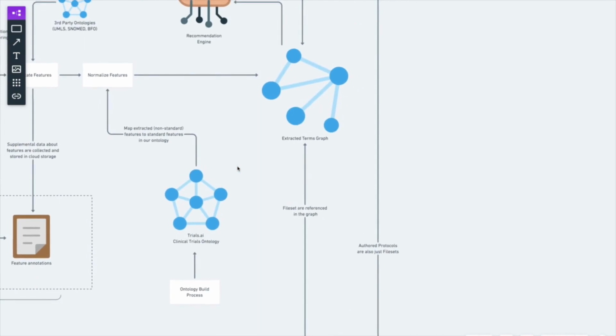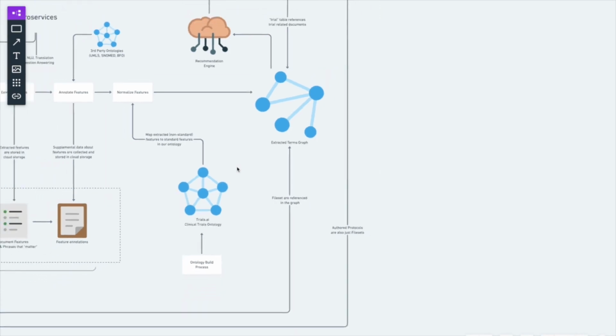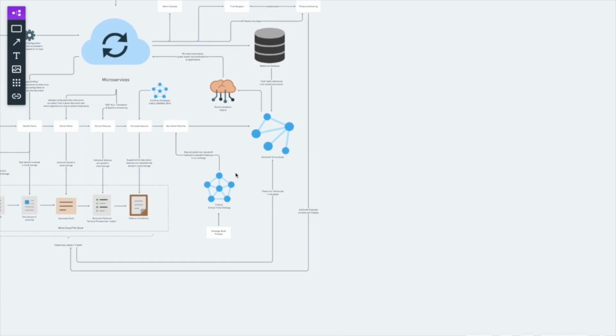Clinical trial concepts like therapeutic area, conditions, interventions and their indications, endpoints, eligibility criteria, all of the components that you expect to find in a trial protocol are all represented and defined in this ontology. The ontology becomes the blueprint for our natural language processing pipeline we call the Bonsai pipeline.